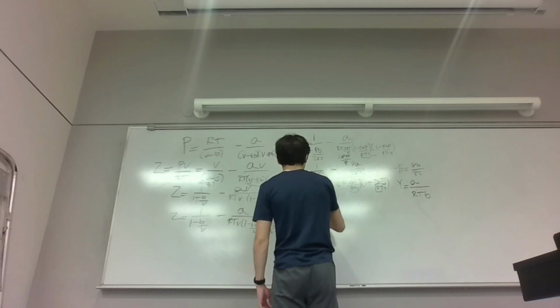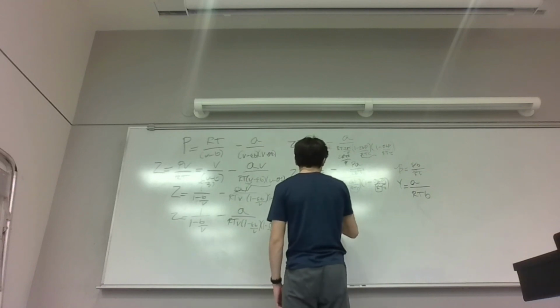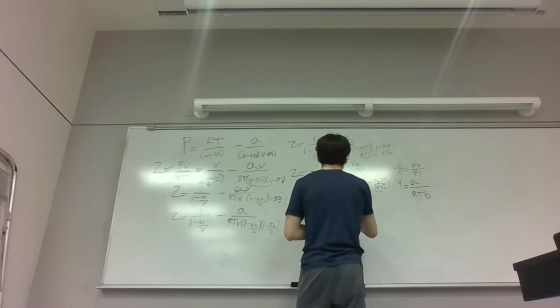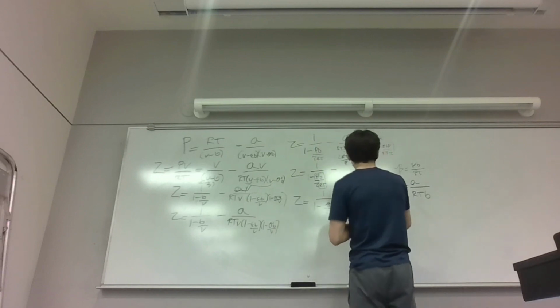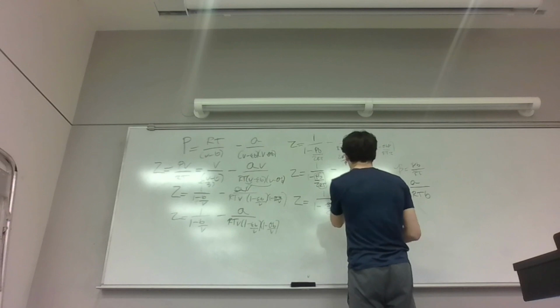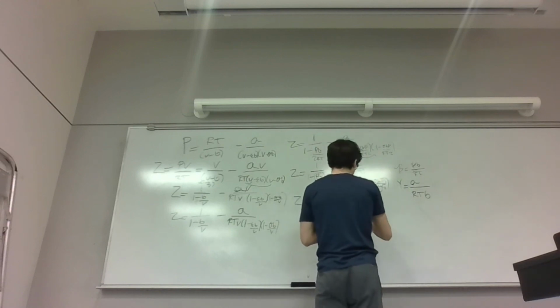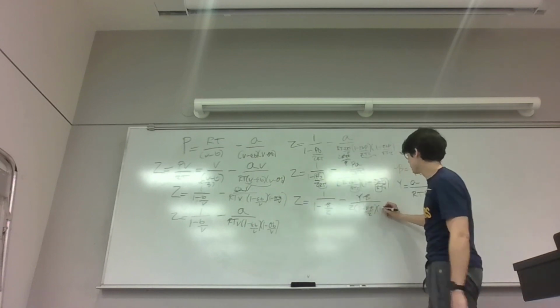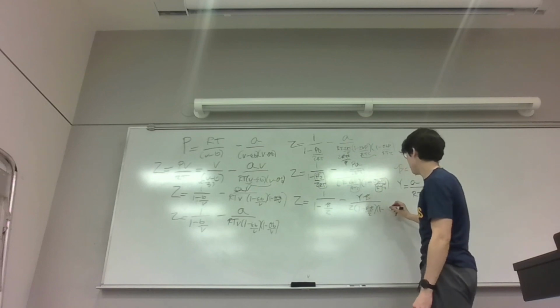And we're left with Z equals 1 over 1 minus beta over Z minus, this will be Y beta over Z times 1 minus epsilon over epsilon beta over Z, and then minus 1 minus omega beta over Z.